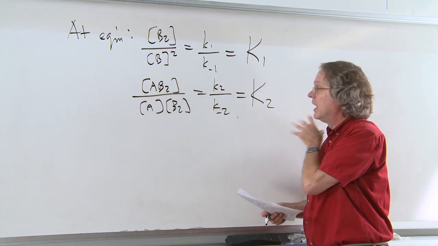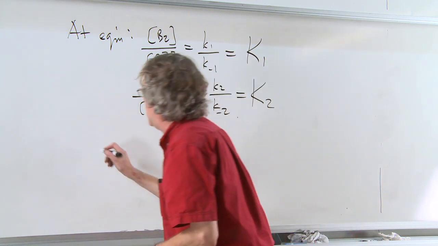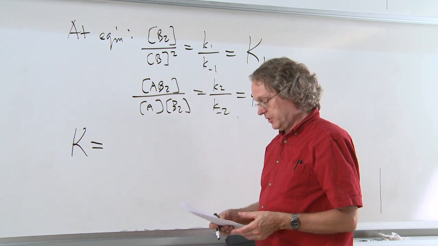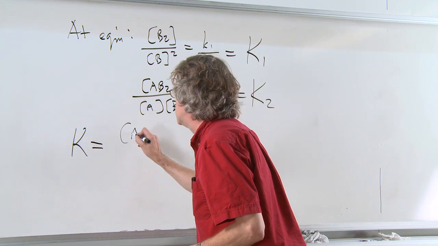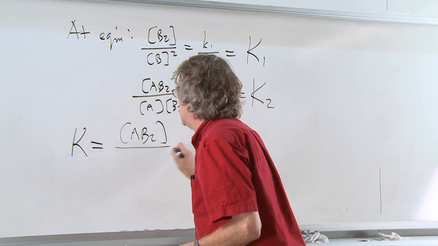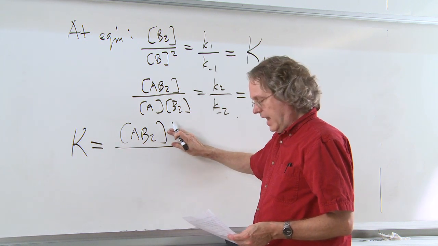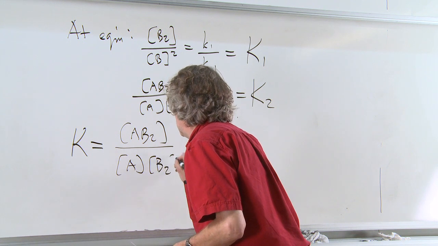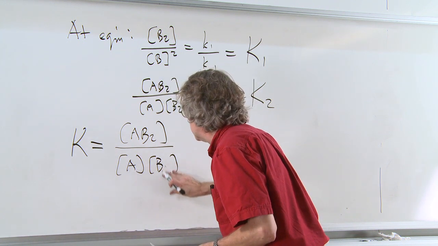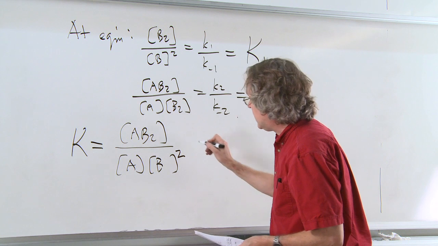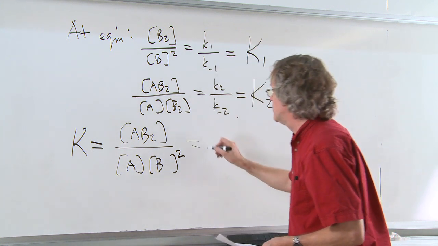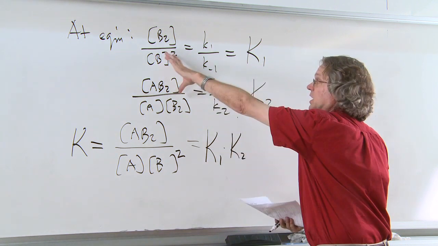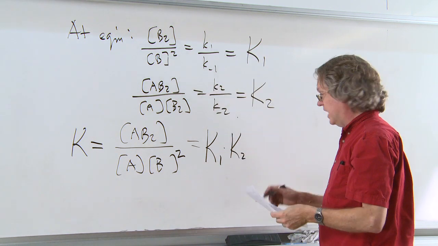If I combine these together, we know that overall, the equilibrium expression that we've seen previously has to be related to the product for the overall reaction divided by the reactants in the overall reaction, the concentrations raised to their stoichiometric powers. And if you look at these expressions up here, what you'll see is that that's equal to the product of these two things, which is K1 times K2.